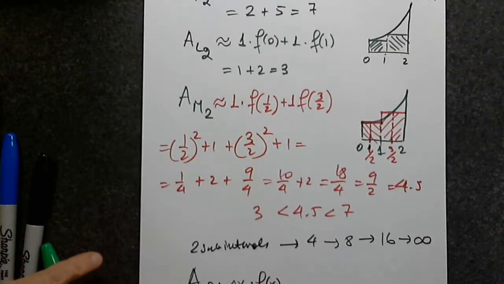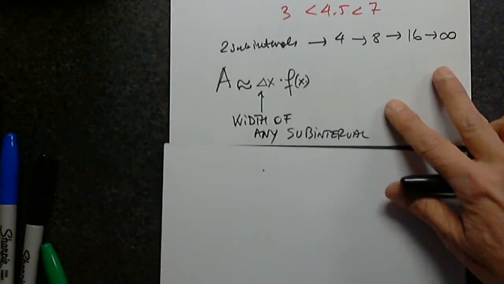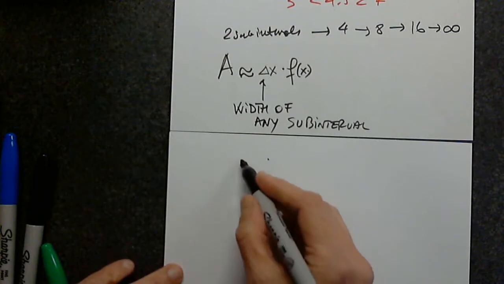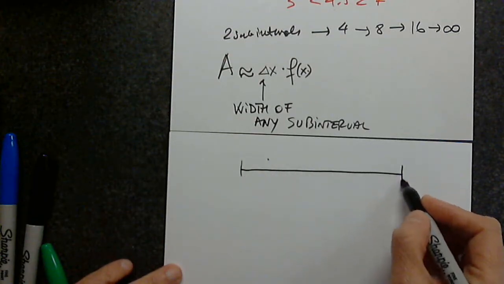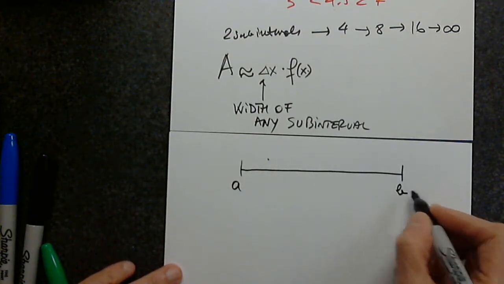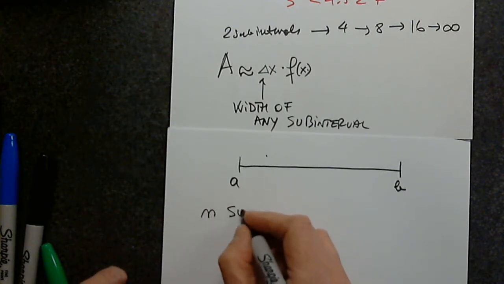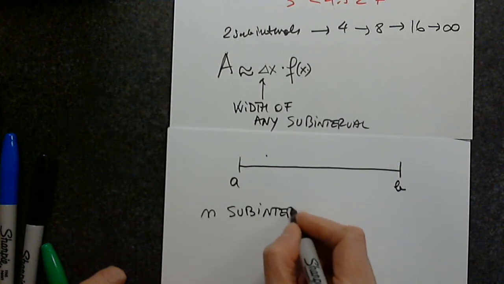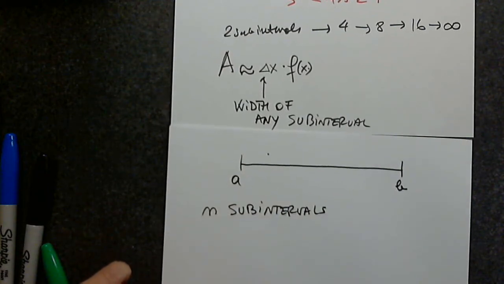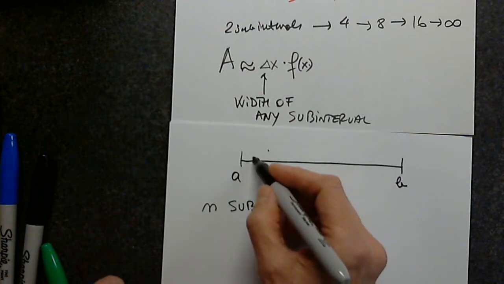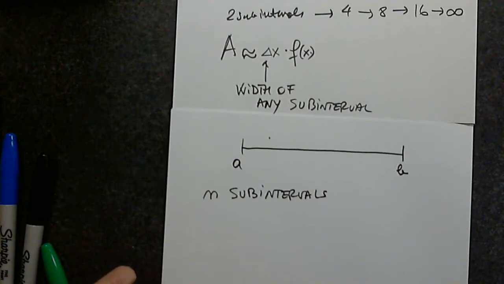Perfect. So now, let's say this is our interval a comma b. And we want to divide this interval into n subintervals.